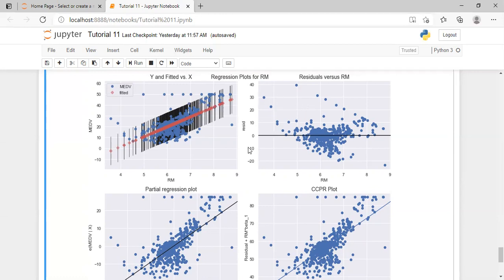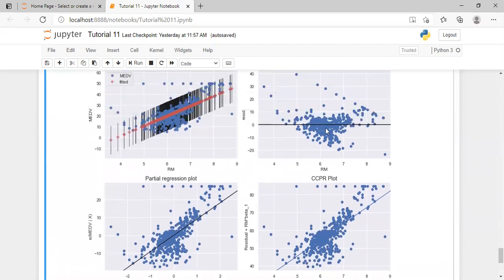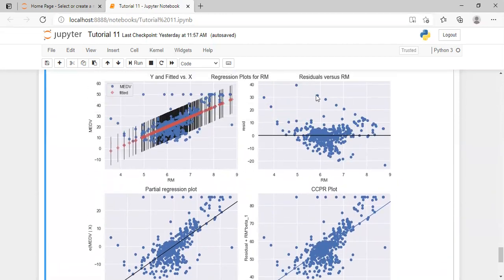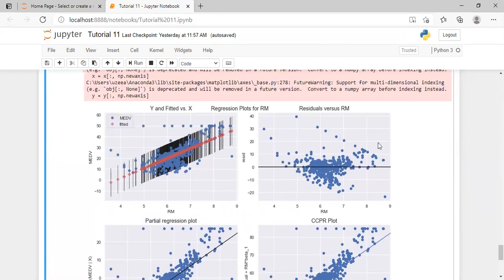Okay, now I have plotted the residuals again with our RM, the rooms per dwelling. As you can see, most of the residuals are following a pattern, which means that our constant variance assumption is not satisfied. How do we check the constant variance assumption?